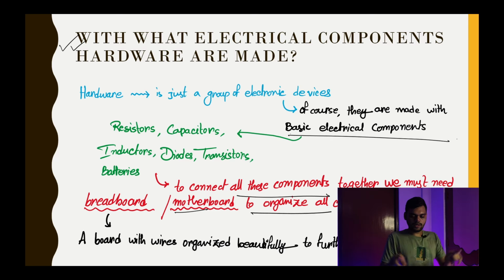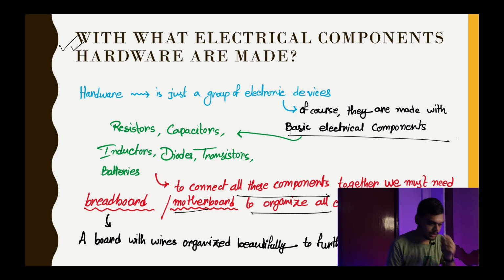So we will have a motherboard type of thing, where we will attach all the basic electrical components to make a CPU. But in that CPU, we will not put any power supply unit in it. When we are assembling all those major components of computers, then we will be attaching the PSU to the motherboard.